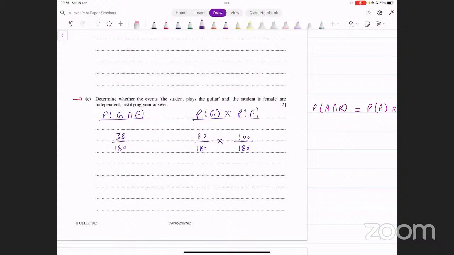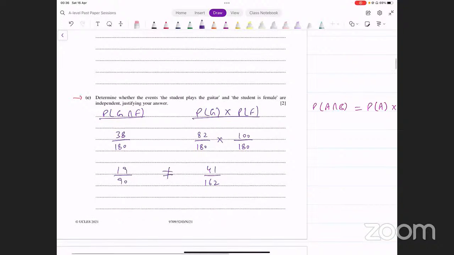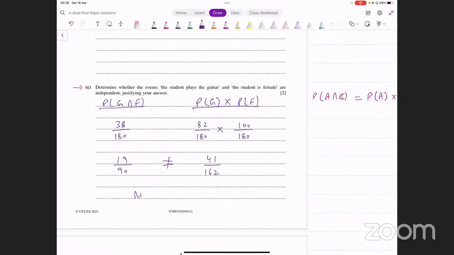The fraction on the right side is giving me 41 over 162. The left side, if I simplify, gives me 38 over 180, that is 19 over 90. Now, since they are not equal, we will say they are not independent.